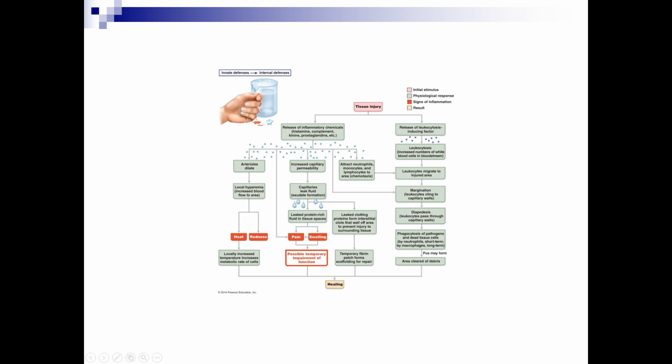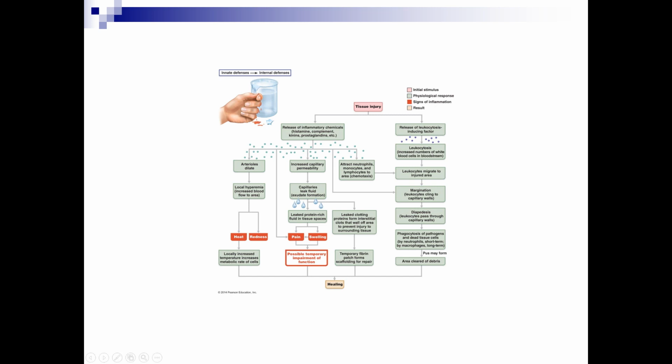What they're going to do is wall off the area and try to contain the germ, the pathogen, at the portal of entry. We do not want that pathogen going somewhere else and infecting other healthy tissues. So it walls off the area to prevent injury to the surrounding tissue. And then the temporary fibrin patch also forms a scaffolding for repair to promote healing.